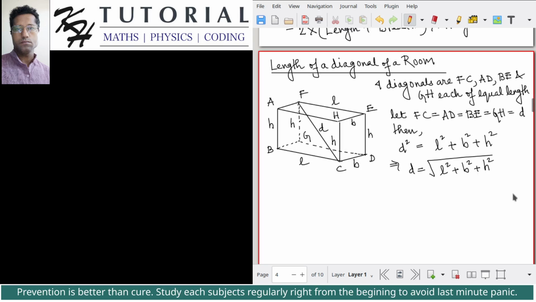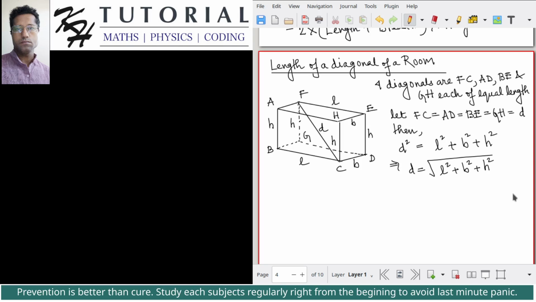And so the longest stick or rod that can be placed inside the room will be the length of the diagonal of the room. Now what is the length of the diagonal of a room?